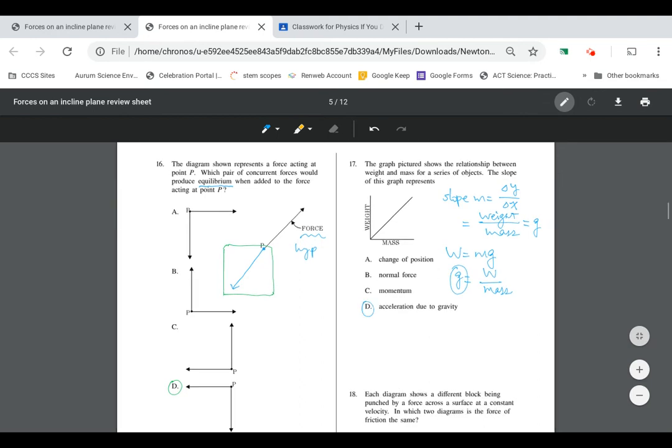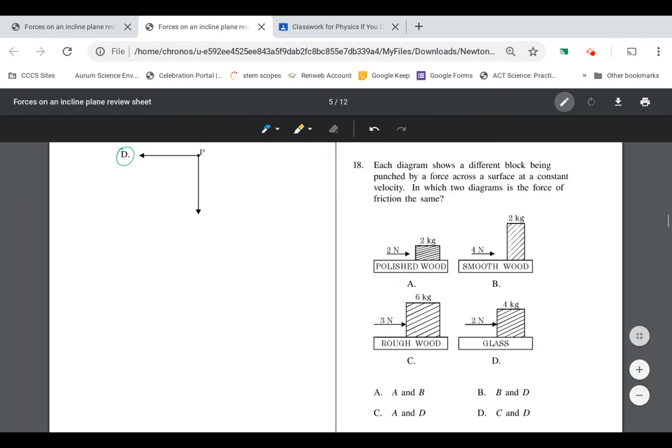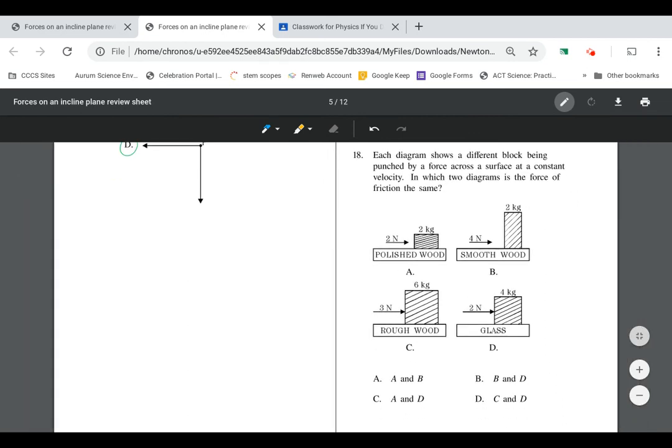Okay? Number 18. Each diagram shows a different block being pushed by a force across the surface at a constant velocity. Again, that net force is equal to 0. Always pay attention to the acceleration and velocity. In which two diagrams is the force of friction the same?